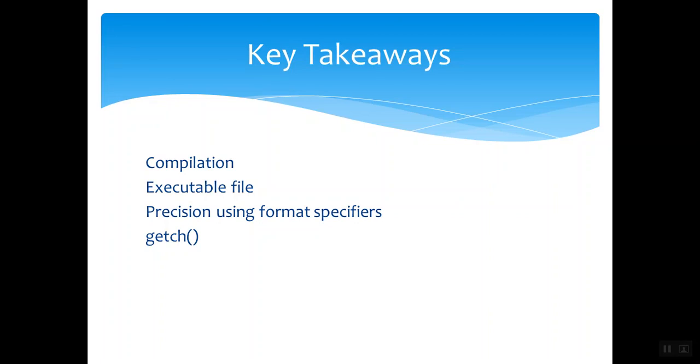Once we have written our program successfully and executed it, and everything goes fine, then in future, whenever we need to use that program, we can directly run the executable file. We learned how to change the precision, the number of decimals to be used, by changing the format specifier, and we also learned the use of the getch function. We can use it if we want to hold the screen.